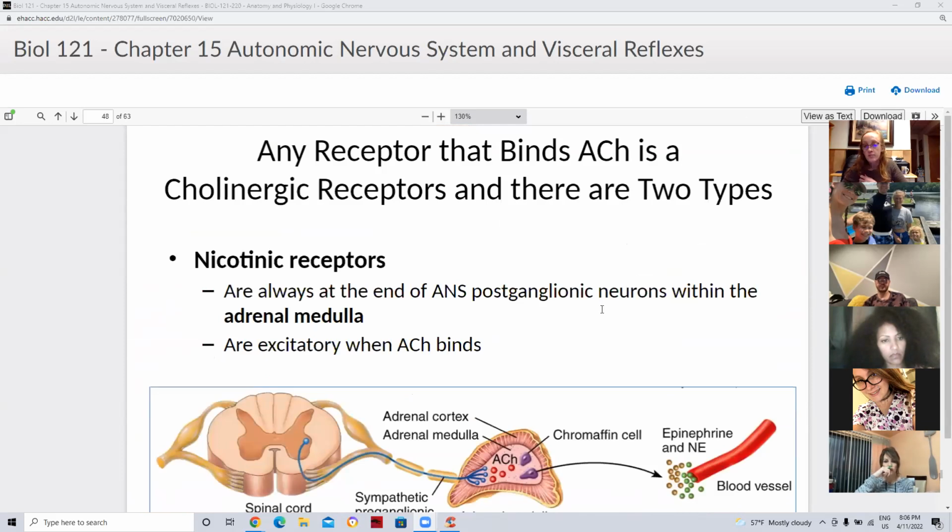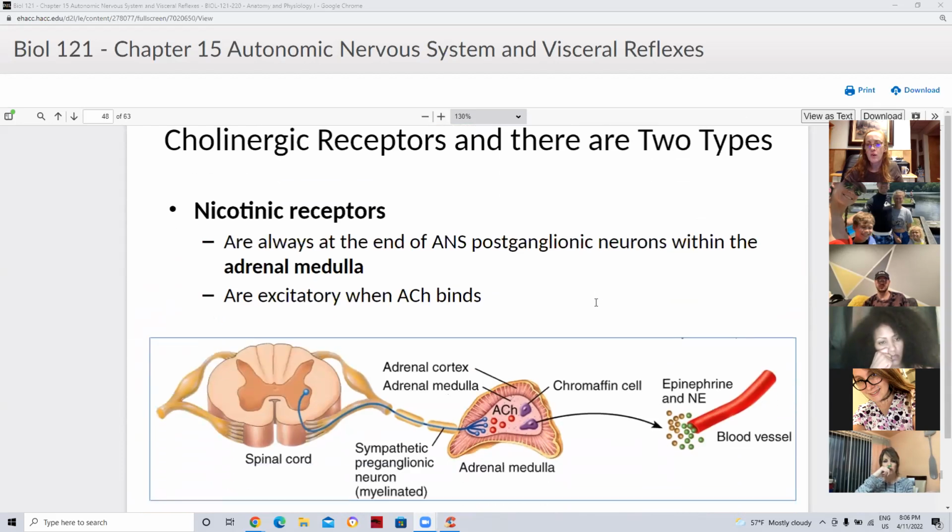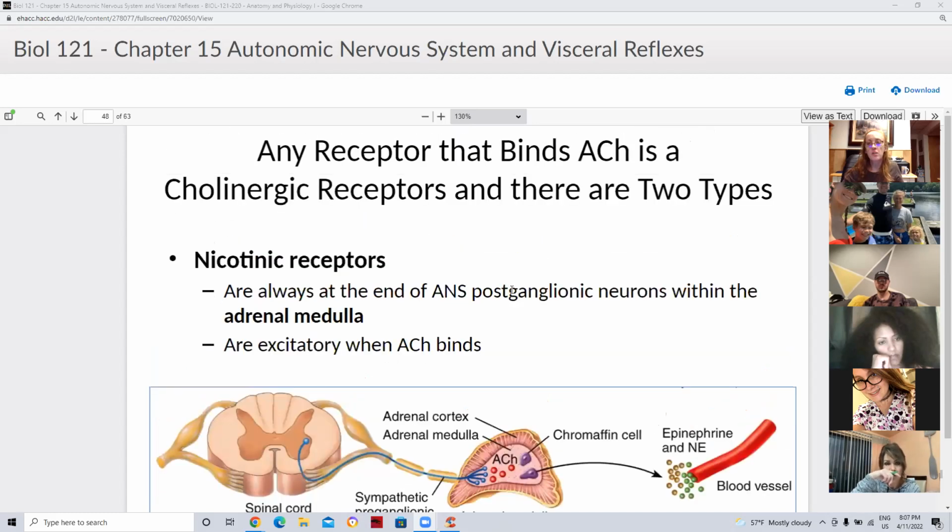Nicotinic receptors are always found at the end of the postganglionic fibers within the adrenal medulla. And you know what? That's wrong. I've just read it and I thought that doesn't look right. You guys, this should say preganglionic.